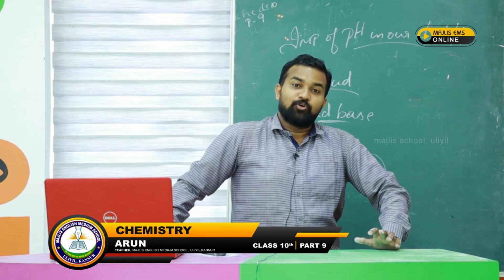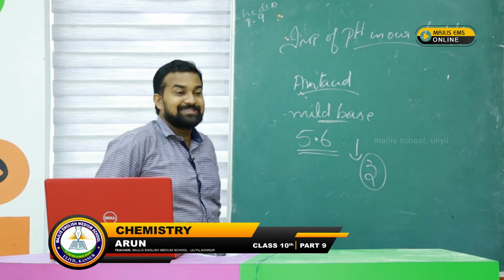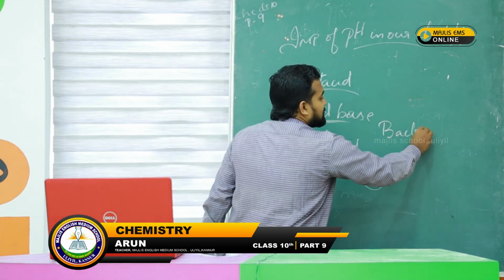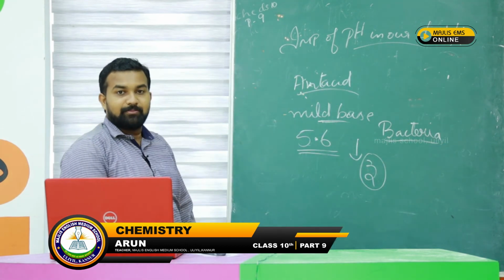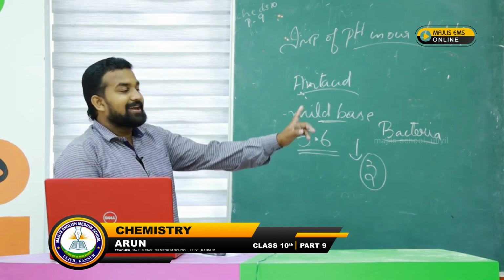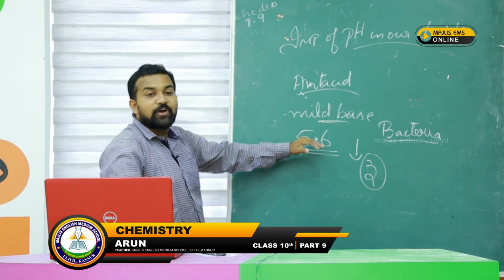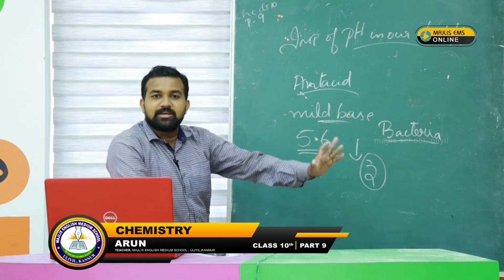They will be jumping with joy. Who will that be? They are bacteria, because bacteria can act only in an acidic medium. If it is 5.6, that is a weak acidic range, the bacteria cannot act.